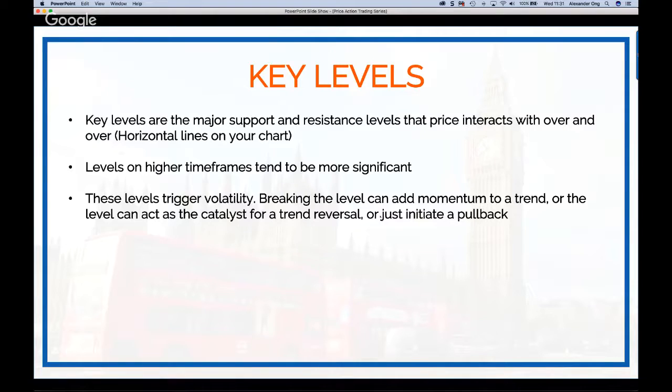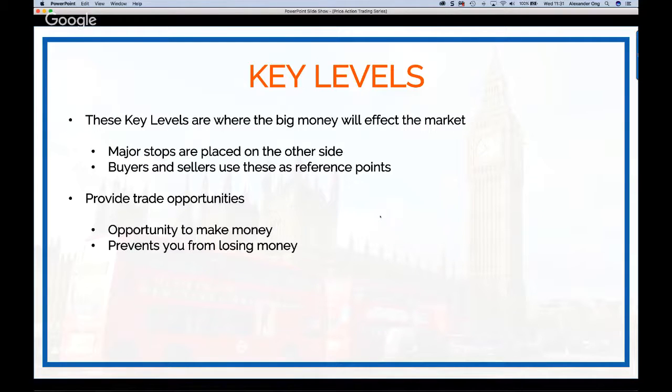So breaking that level can add momentum to a trade, or the level can act as a catalyst for a trend reversal, or just initiate a pullback. But something will happen at these levels. These key levels are where the big money will affect the market. Major stops are placed on the other side of these levels.